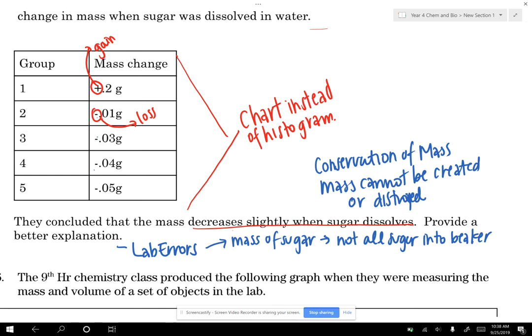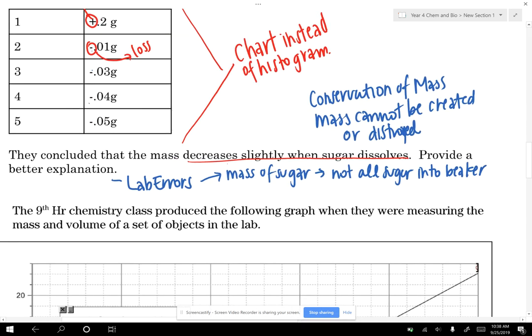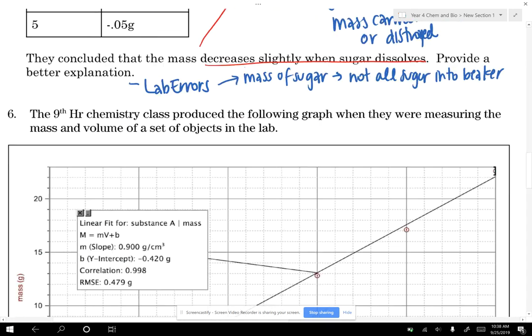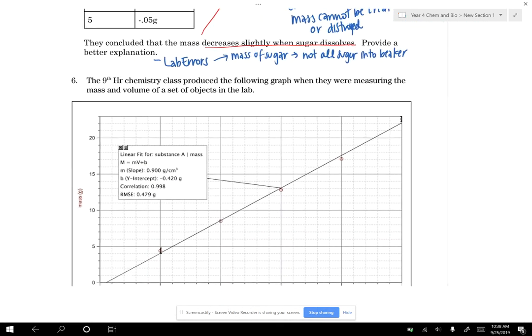And as you will see, it's 0.01 of a gram, so it's a very, very small amount. Likely some sugar dropped somewhere, somehow, that they didn't get into there. But either way, the mass should not change. So those are the things that we should see.